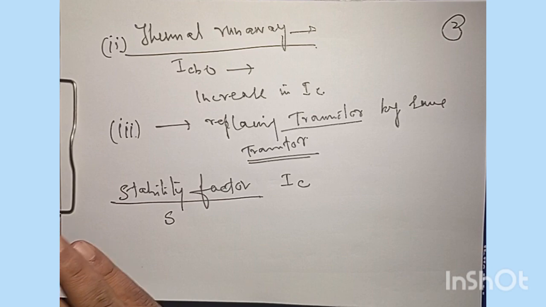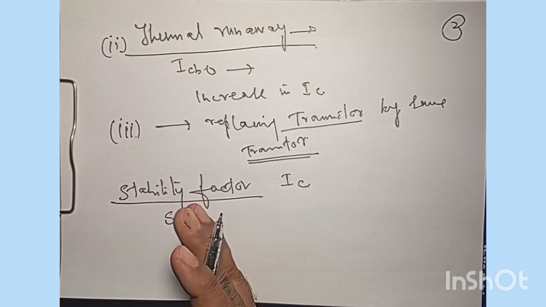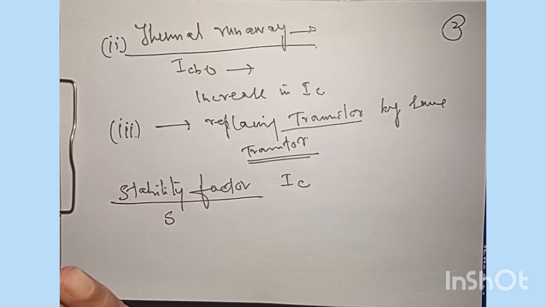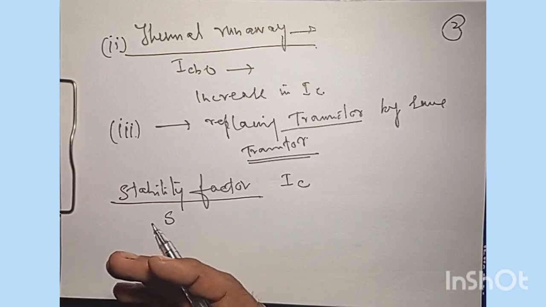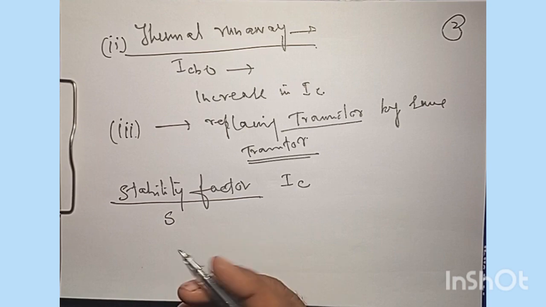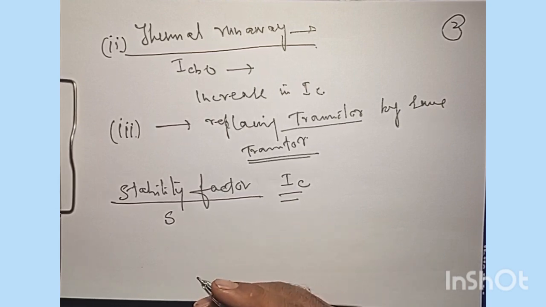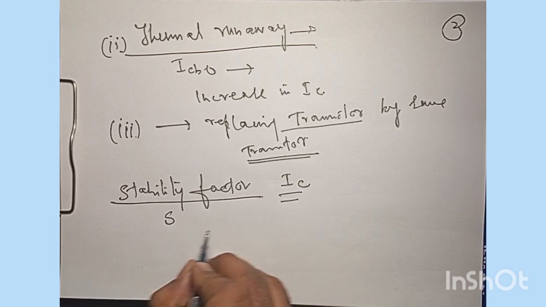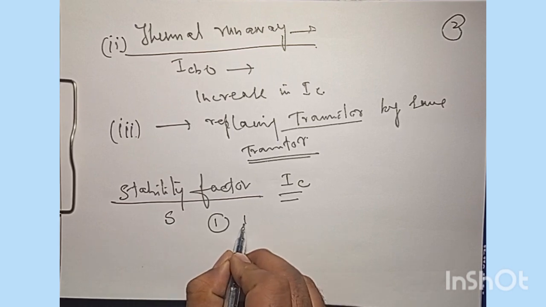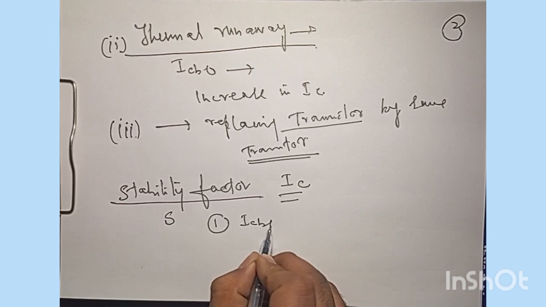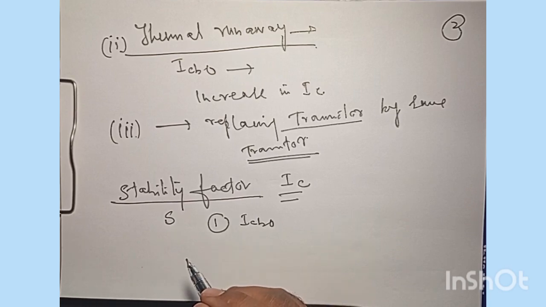So there are three quantities that can be the main causes of change in the collector current. And what could be these three quantities? The very first one is ICBO, what we discussed already, this reverse leakage current.